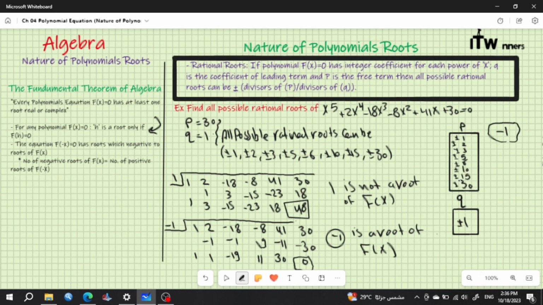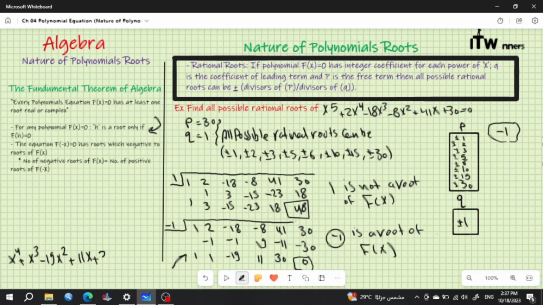Okay, so just clear that and start from this quotient, as we have here the remainder equal to 0. So just write this here: x^4 + x^3 - 19x^2 + 11x + 30.